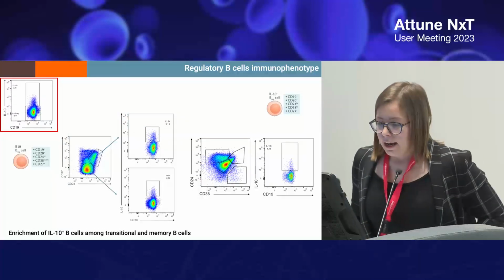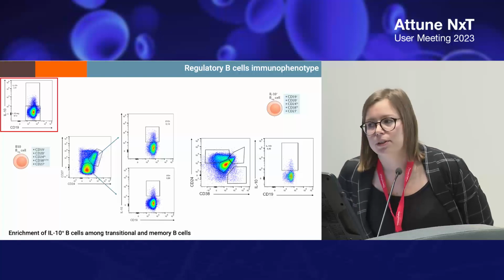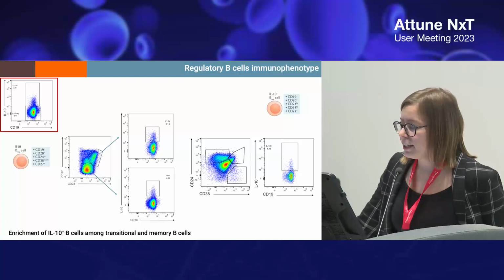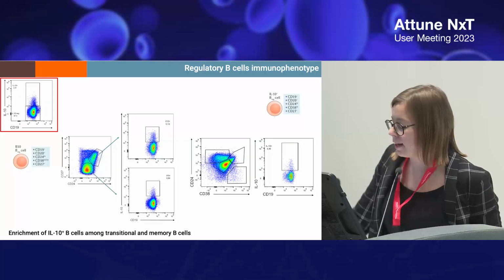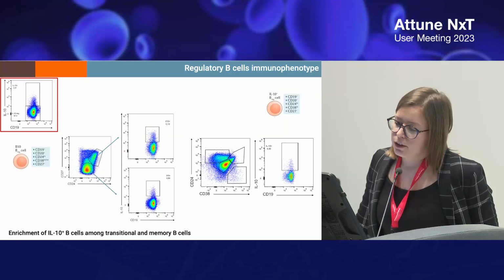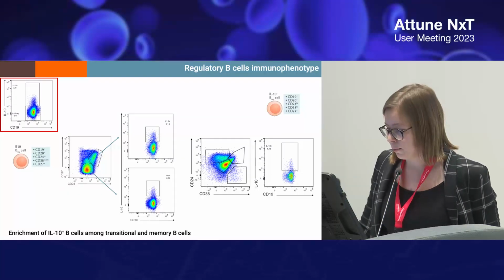So, if we have a look at the enrichment of IL-10 positive cells in the various B cell subsets, we can see that there is an enrichment in some subsets. This is the percentage of IL-10 positive B cells among all the CD19 population.